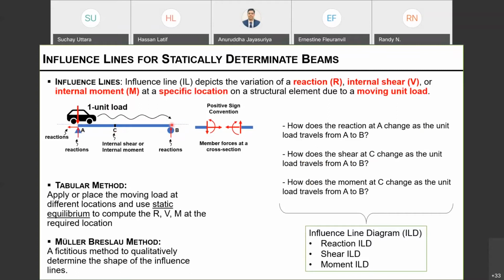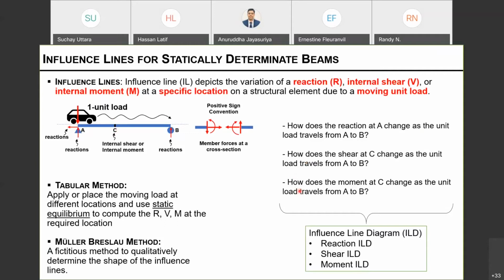By intuition, you know that when the load is on top of A, shear is going to be 0 because all the load is taken by this support. But if you push this car a little bit ahead of support A, then the C cross section of that material, let's say this is a concrete girder, will start to feel these internal loadings, right?